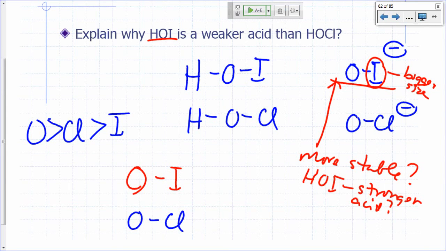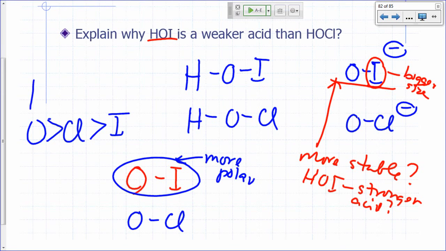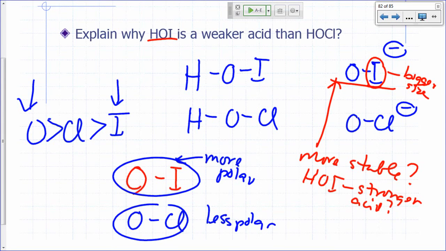So this bond right here is more polar. Bigger difference in electronegativity between oxygen and iodine. This is less polar. Where is the polarity directed? Towards the oxygen. Oxygen is more electronegative.